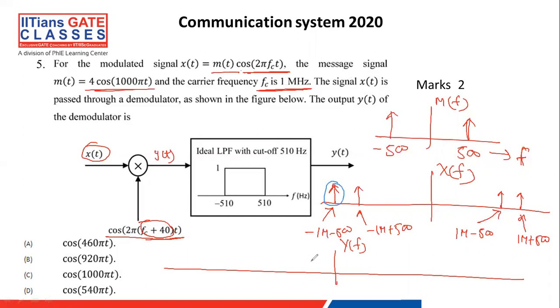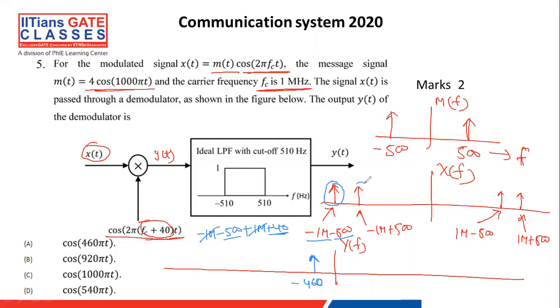So it will be somewhere here. Here it is at minus 1 megahertz minus 500, and we are shifting it right by 1 megahertz plus 40. So this 1 megahertz will cancel out, and it will be minus 500 plus 40, which is minus 460. So this will be at minus 460.